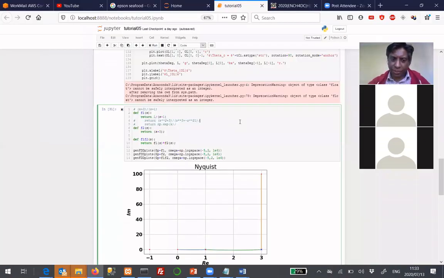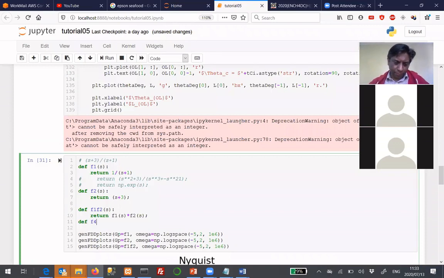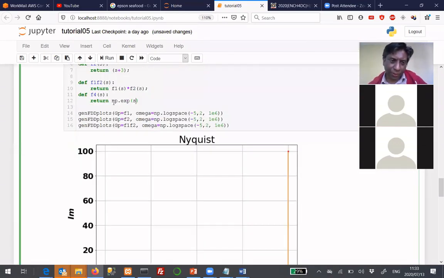So let's change our functions. Let's just make this F4. By default, Python won't have an exponential function, so you have to get it through the NumPy library.